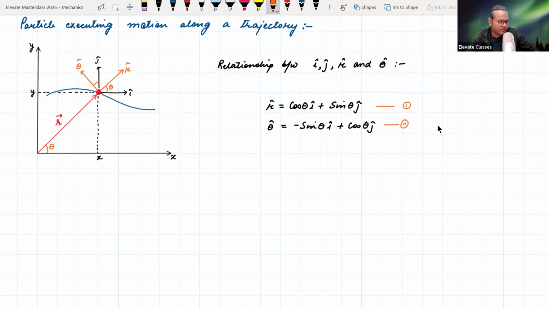Now, before we move forward, let me also derive a couple of these things: the time derivative of r cap and theta cap.